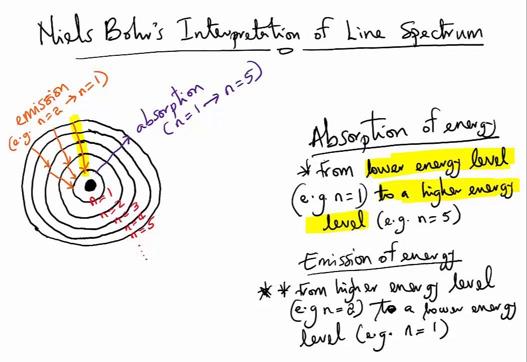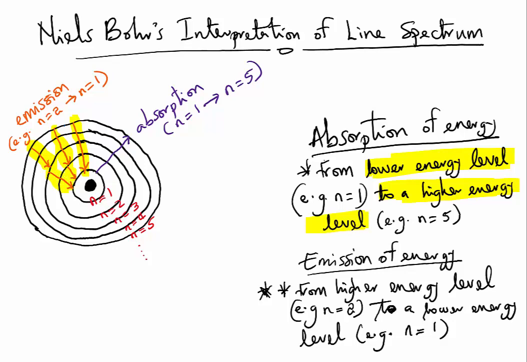It can go from energy level number 5 to energy level number 2, and then go from energy level number 2 to energy level number 1. Or going from energy level number 5 first to energy level number 3, and then energy level number 3 to energy level number 1.